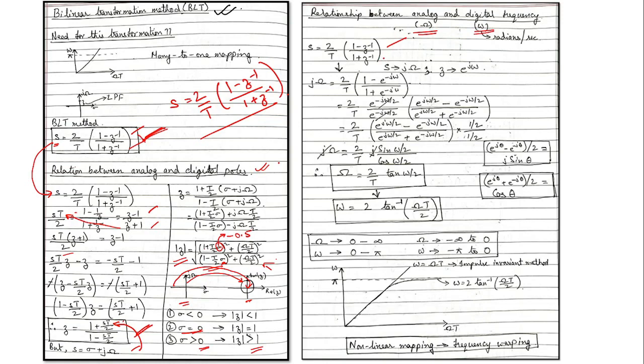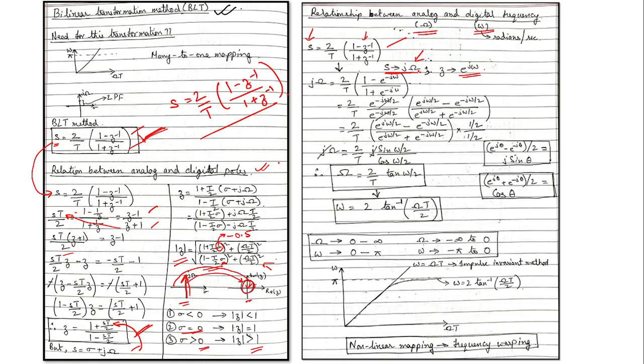Herein the S plane is a big plane, the Z plane is also a big plane. We are only interested in the frequency axis. So S will be replaced with j omega and Z will be replaced with e to the power j omega. So herein we will be moving onto the frequency axis, the j omega axis, and while we replace Z with e to the power j omega, we will be moving onto the unit circle, right?